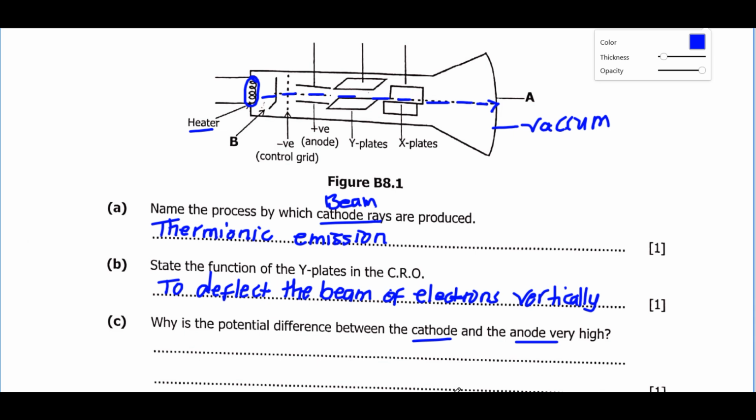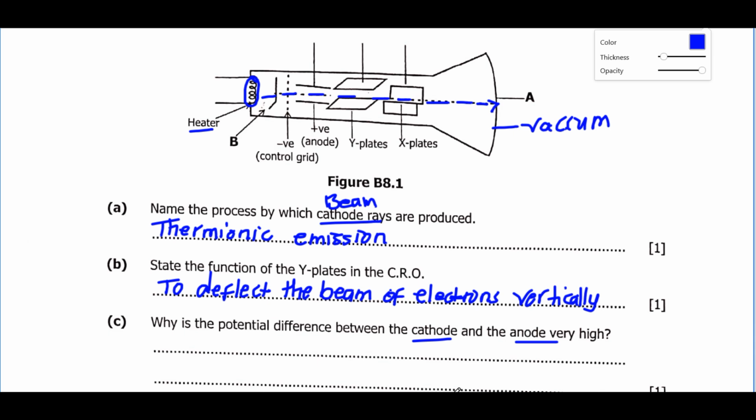Because if dust particles were present in this CRO, the movement of the beam of electrons will be disturbed, because electrons are very small, and so are particles. So the electrons can end up colliding with the particles in this CRO. To prevent that, the CRO is evacuated.